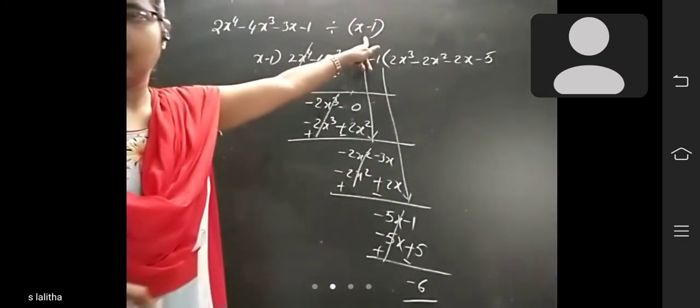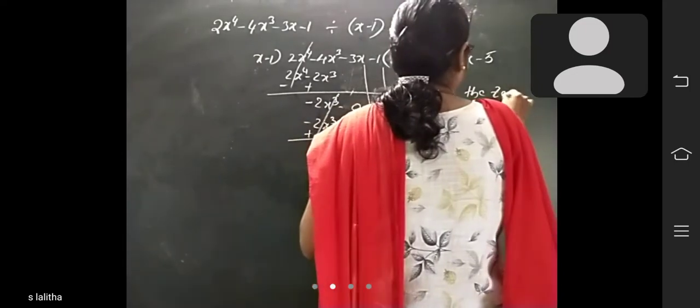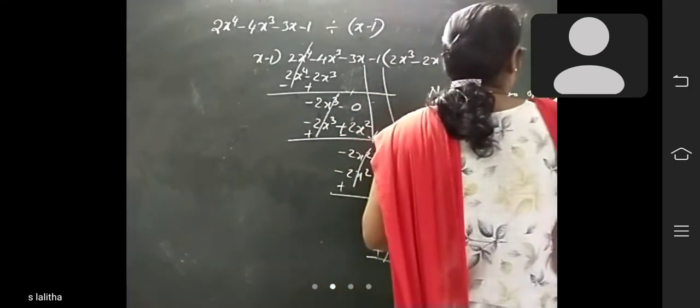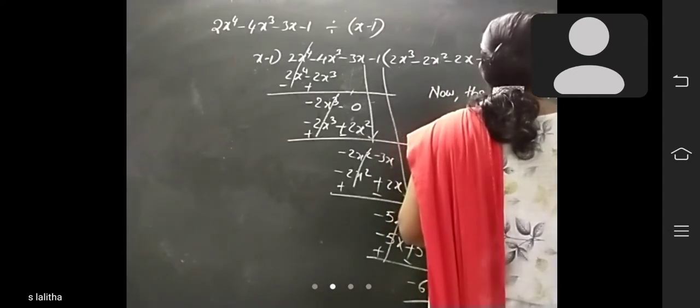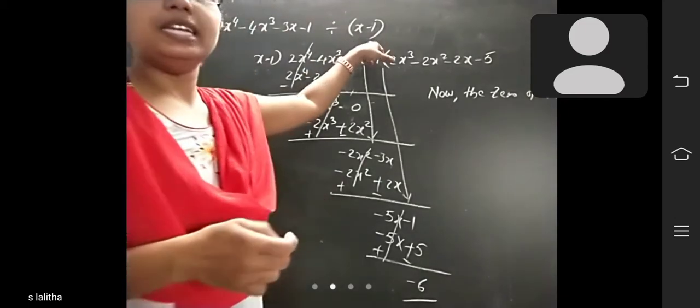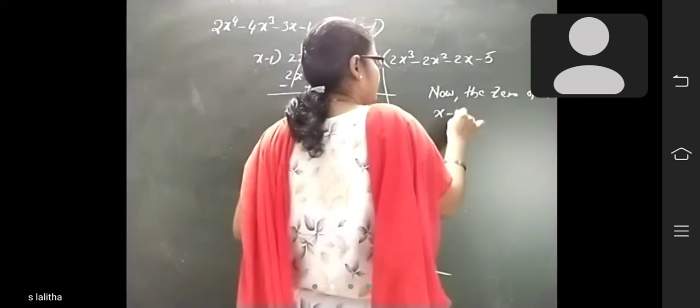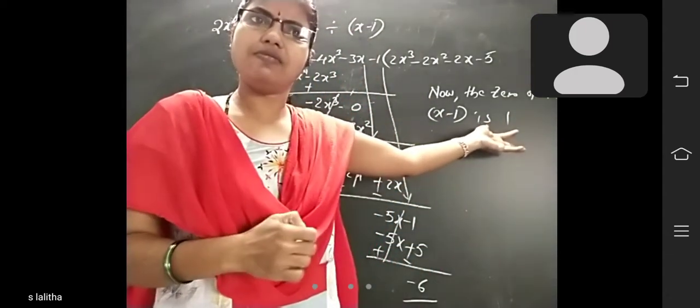x minus 1. Okay. Now the zero of the polynomial, what is the zero of the polynomial? x minus 1. Why?